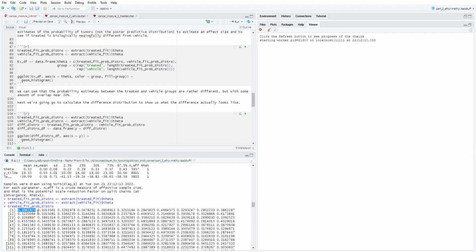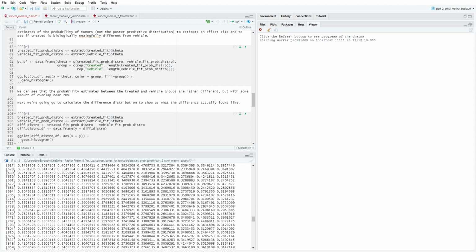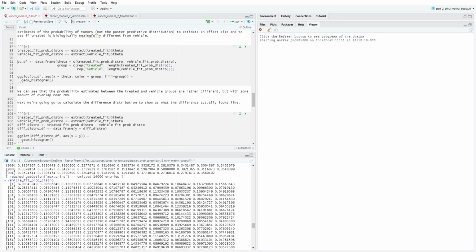And then you have the other set of 15,000 blocks, which is the vehicle, and you put the first one of those at position 15,001, right? Because I have 15,000 of these treated fit prob distro blocks. So after the end of the treated fit prob distro at 15,000, position 15,001 is going to be the first block for the vehicle vector, which is going to have 0.09343949 on it.